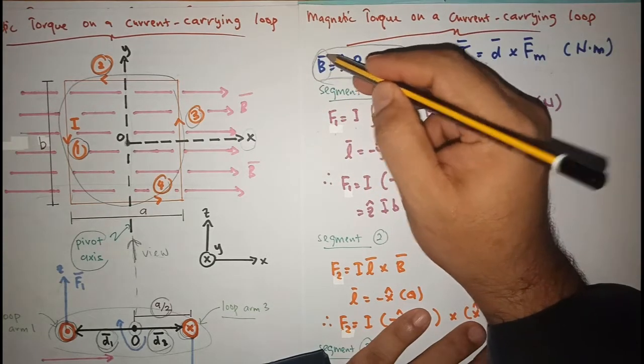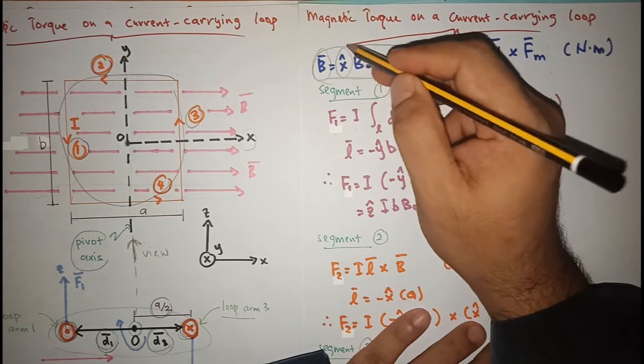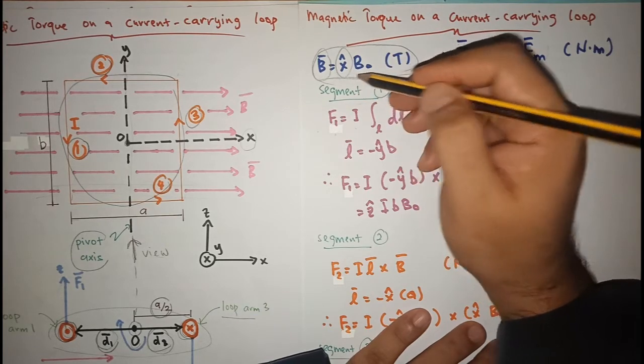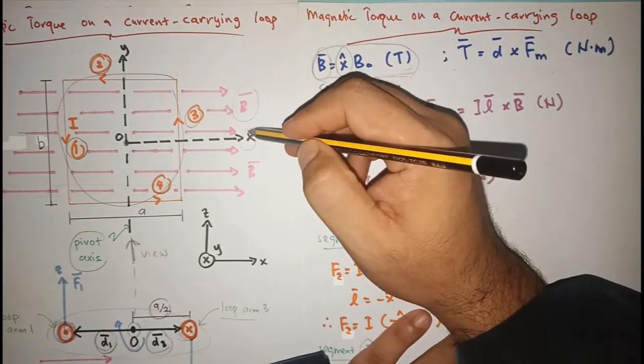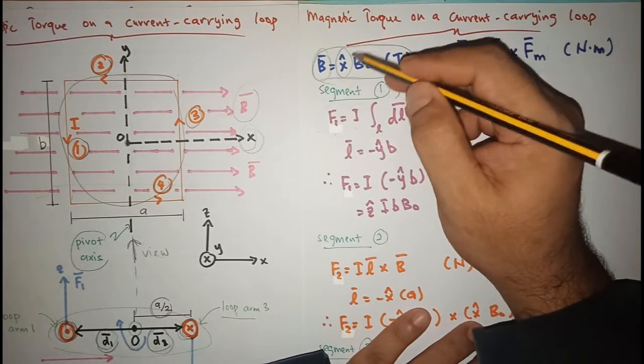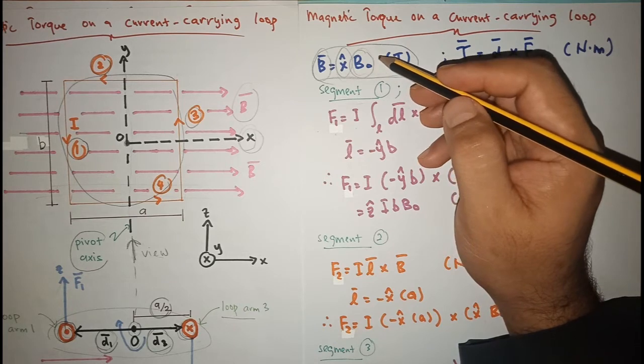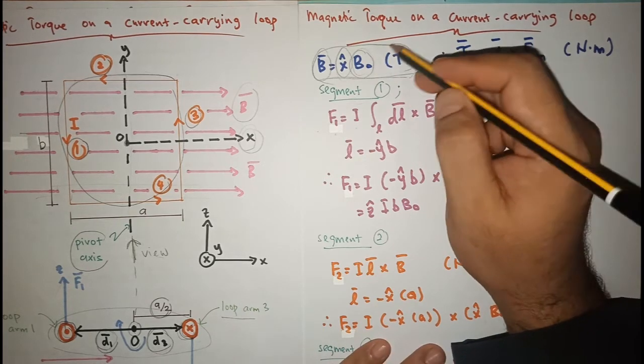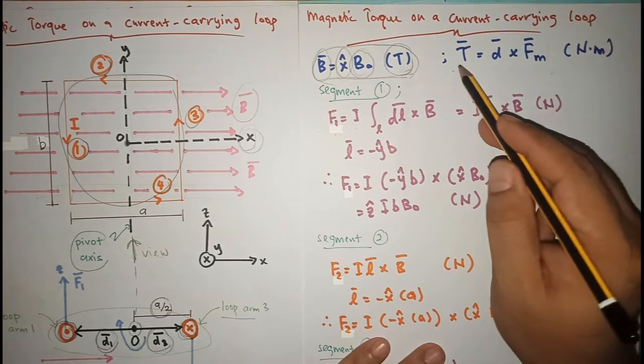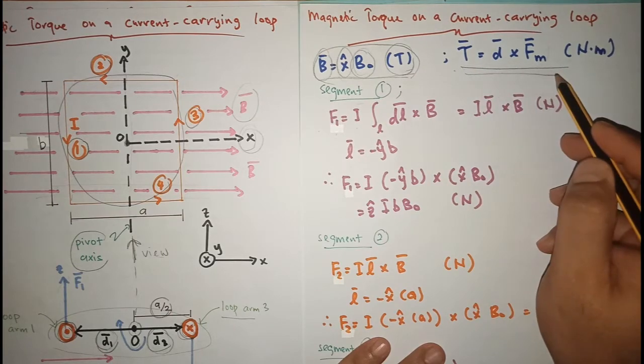We have the vector B equal to x cap, which is the direction of our magnetic field here, in the x direction, multiplied by B naught. This is the amplitude that represents our magnetic flux density, and the unit of it is Tesla. So this is our general expression for the torque.